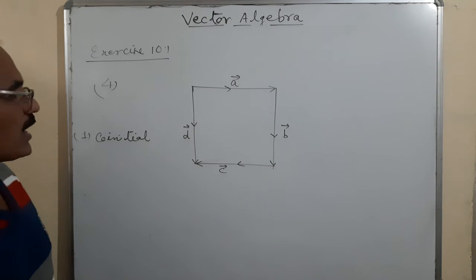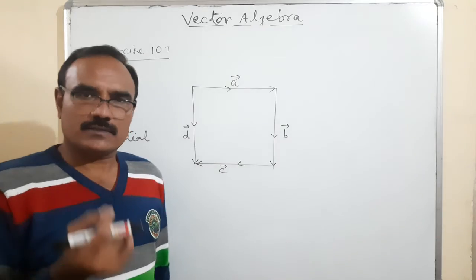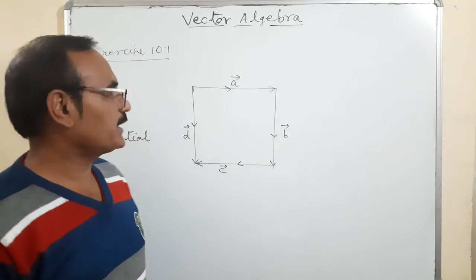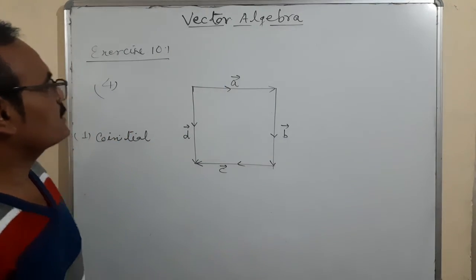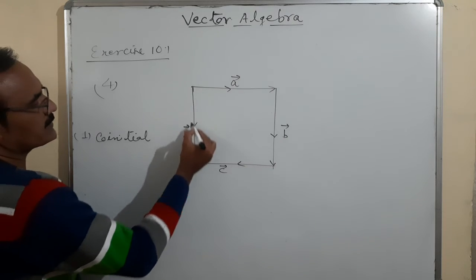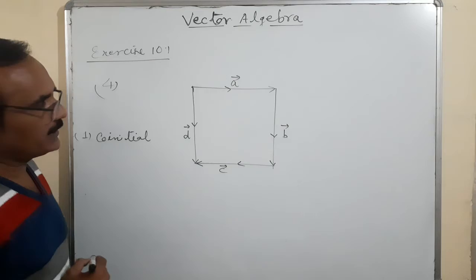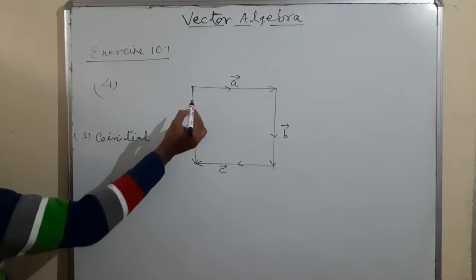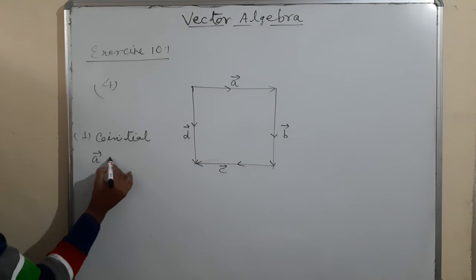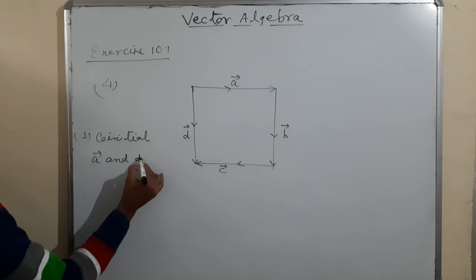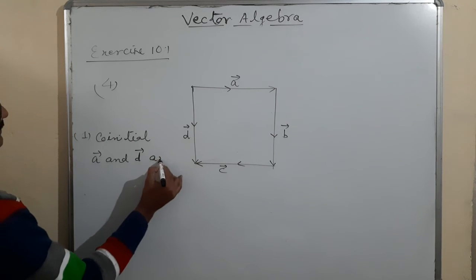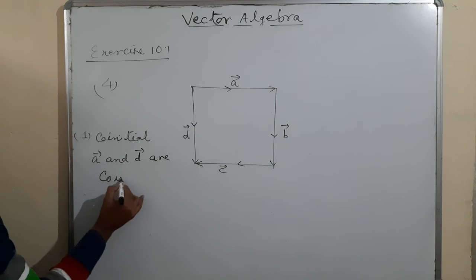Coinitial, that means 2 or more vectors, their starting point, initial point is same. You can see this is one vector is D and second vector is C. Their starting point, initial point is same. So we'll write here the co-initial vector A and vector D are co-initial.